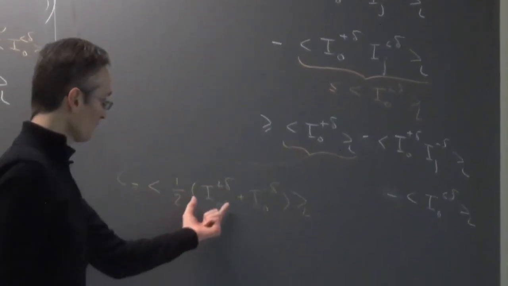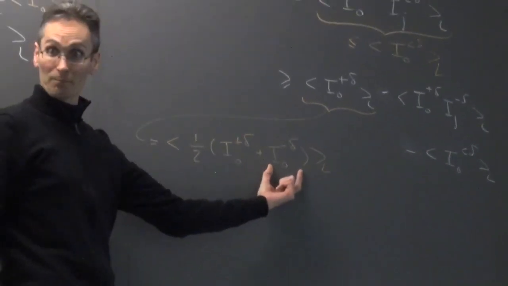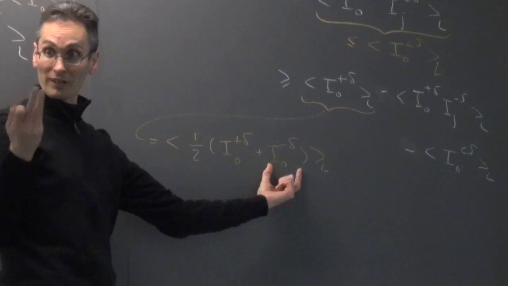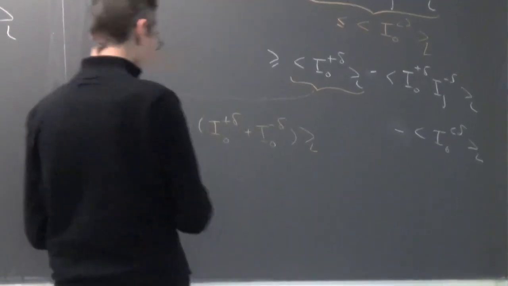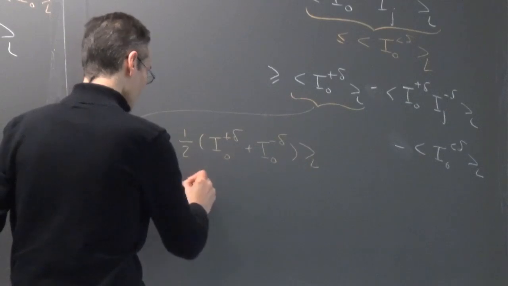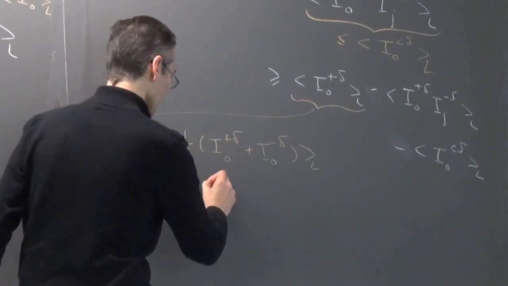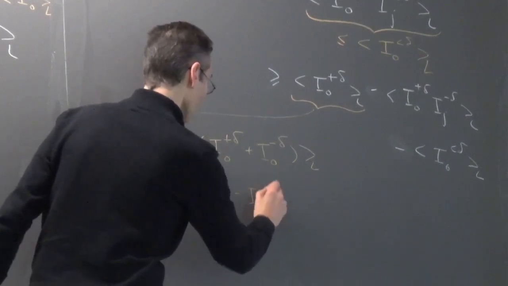Right, because the expected value of I0 plus delta is the same as the expected value of I0 minus delta, because the model is invariant under flipping the first component of the spins. So these two events should have the same probability. And then that's nice because the 1/2 I take out, and this guy here is 1 minus I0 smaller than delta.